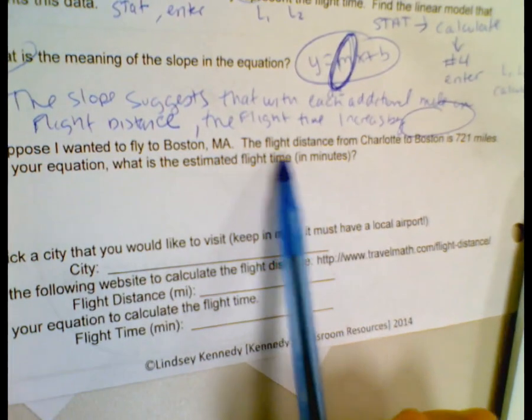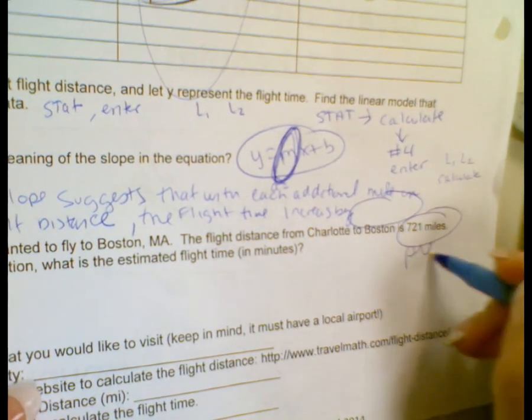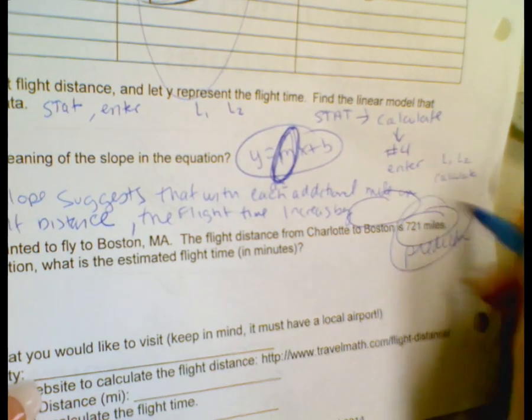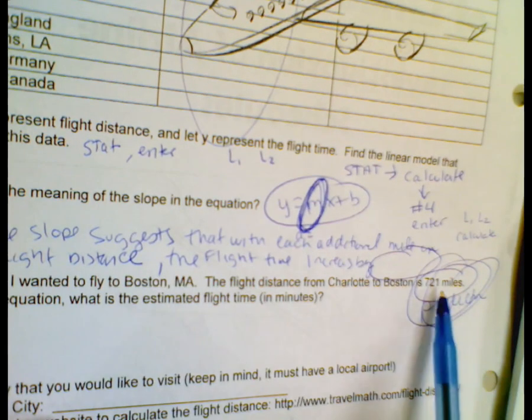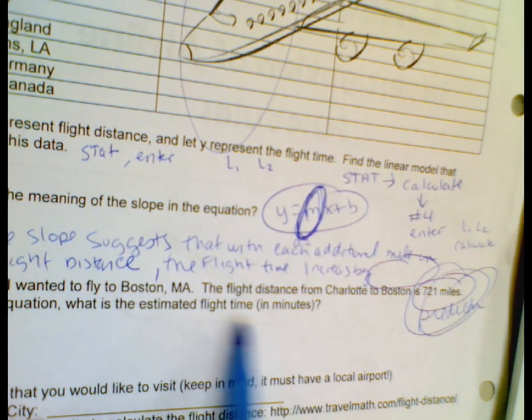Then it says, suppose I wanted to fly to Boston, Massachusetts. The distance from Charlotte to Boston is 721 miles. So they're giving you a prediction. You're going to use your model from number 1, and you can put 721 right into the X of that model. What is the estimated flight time?